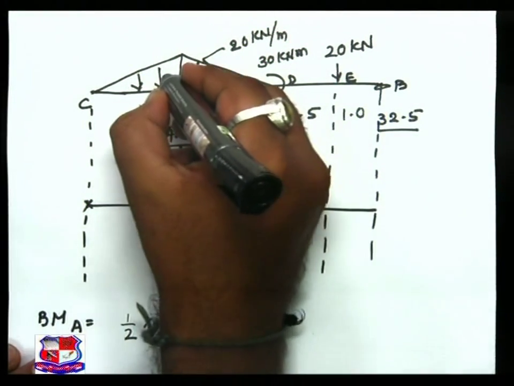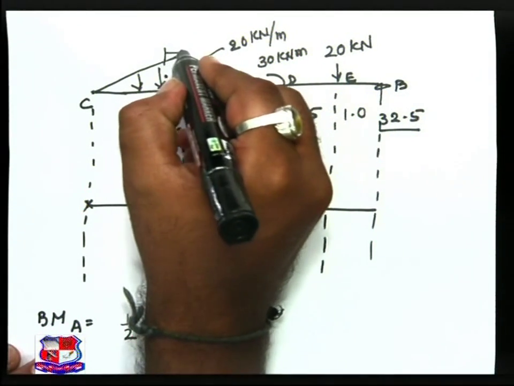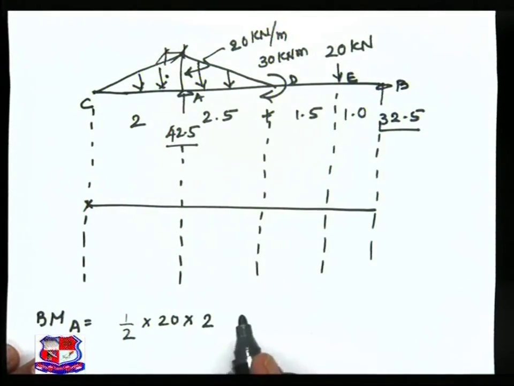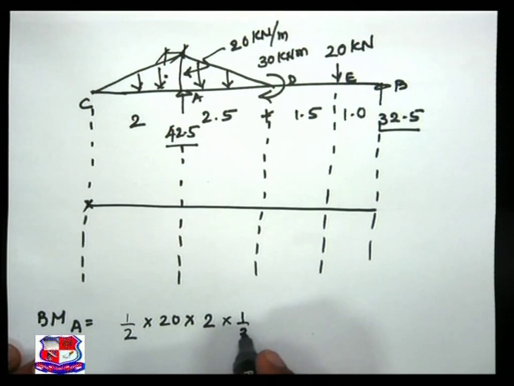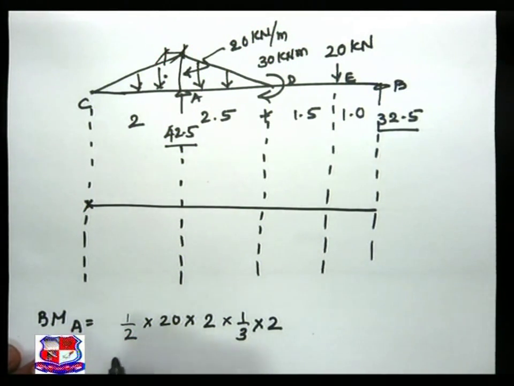The distance is to the CG, which is over here, that is 1/3 of 2. Now the question is about the sign convention.